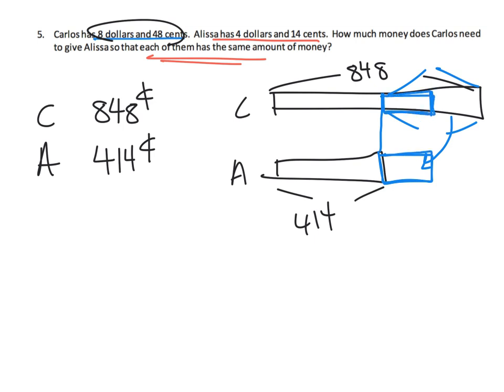All right, so not all of his money, but half of the difference. So one way to do it is let's subtract 848 cents minus 414 cents, and you get 434 cents. So that's how much money separates Carlos and Alyssa, and Carlos is going to give half of that to Alyssa.